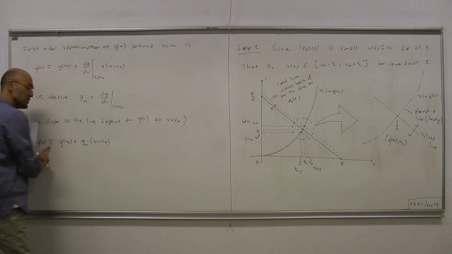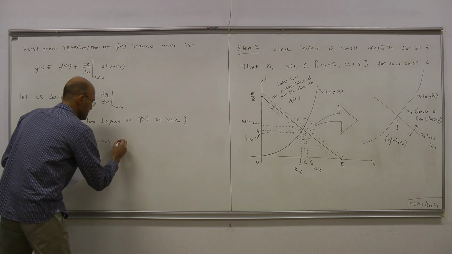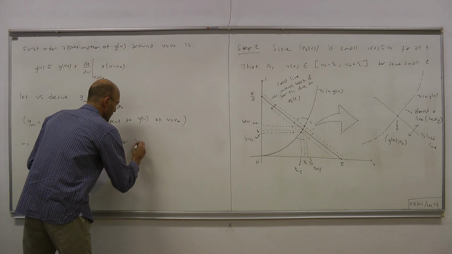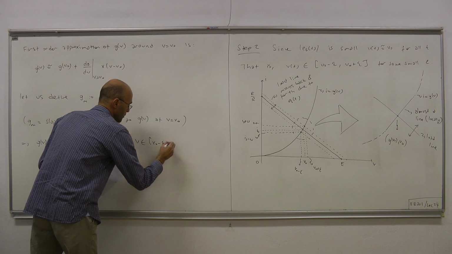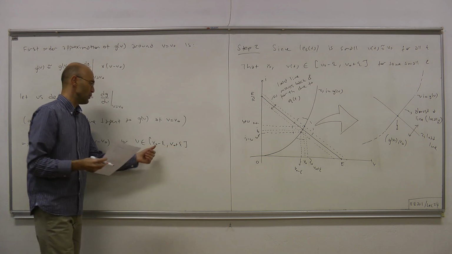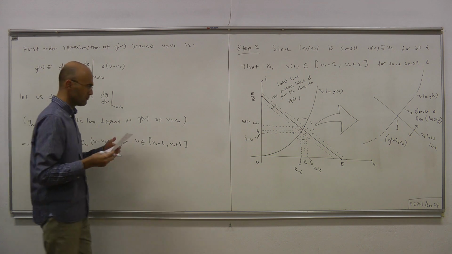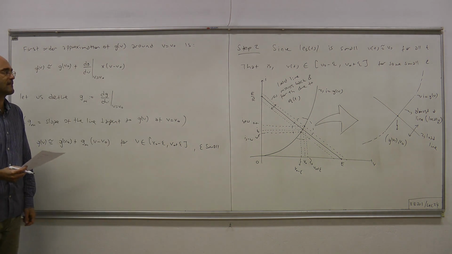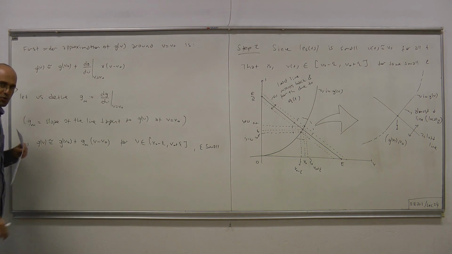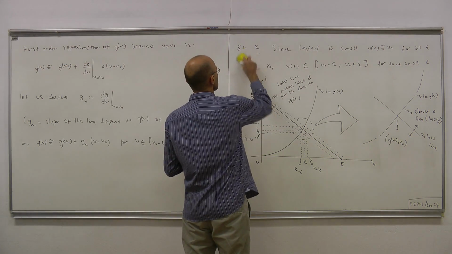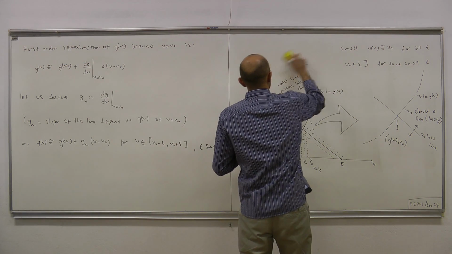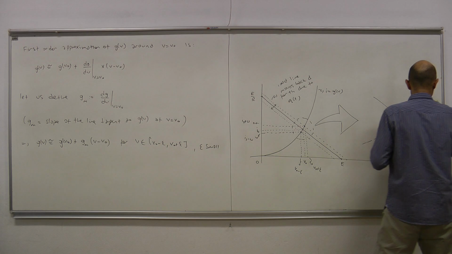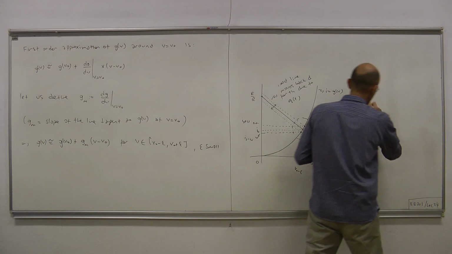And this is a good enough approximation if V is close to V0, for V in V0 minus epsilon to V0 plus epsilon, some neighborhood of V0, where epsilon is something small. Now, using this approximation, let's try to figure out a better representation of the voltage and current of the nonlinear element.